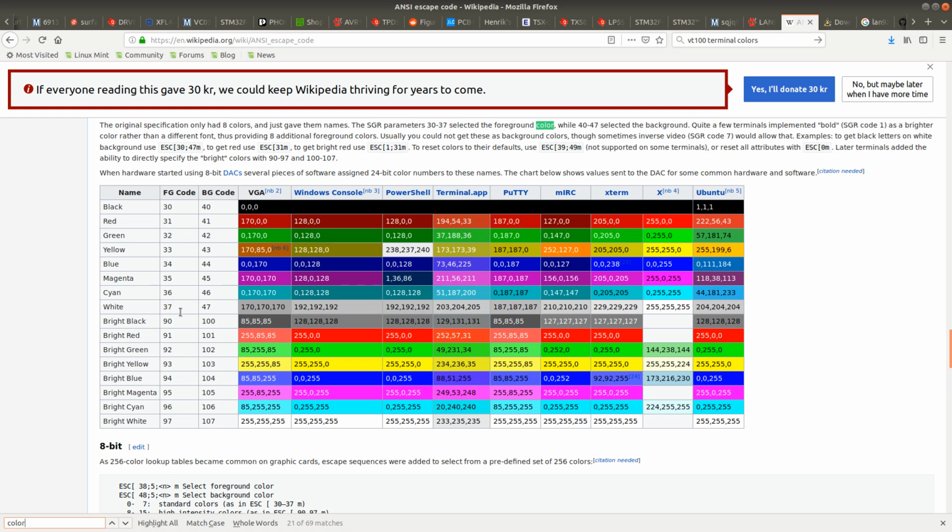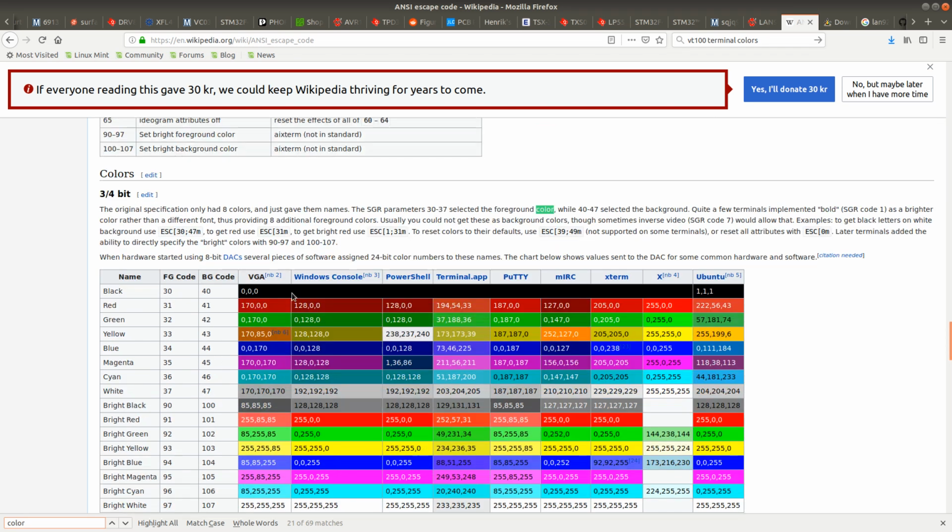So white would be 37 for foreground and 47 for background. And then there is a code that we run that looks like this. So normal would be 3047, which is black on the foreground, white on the background.